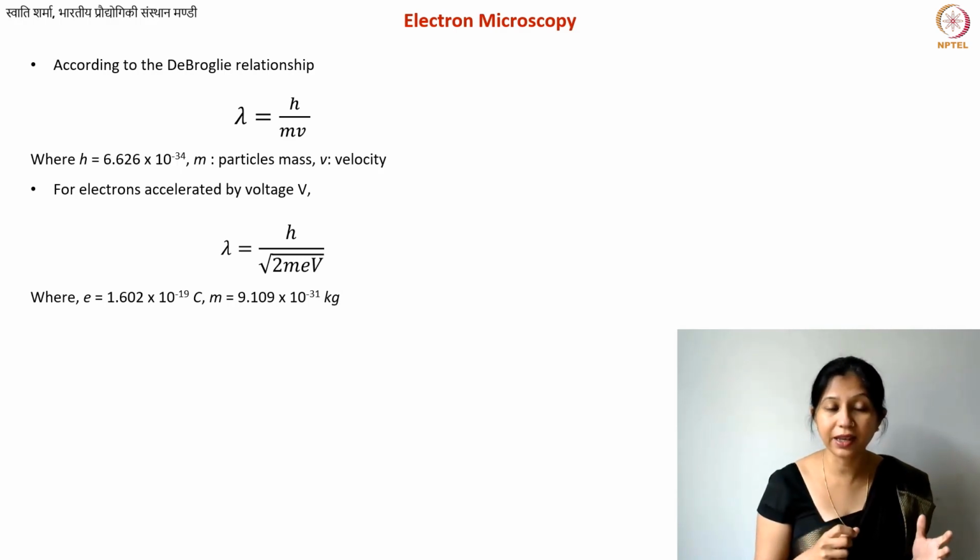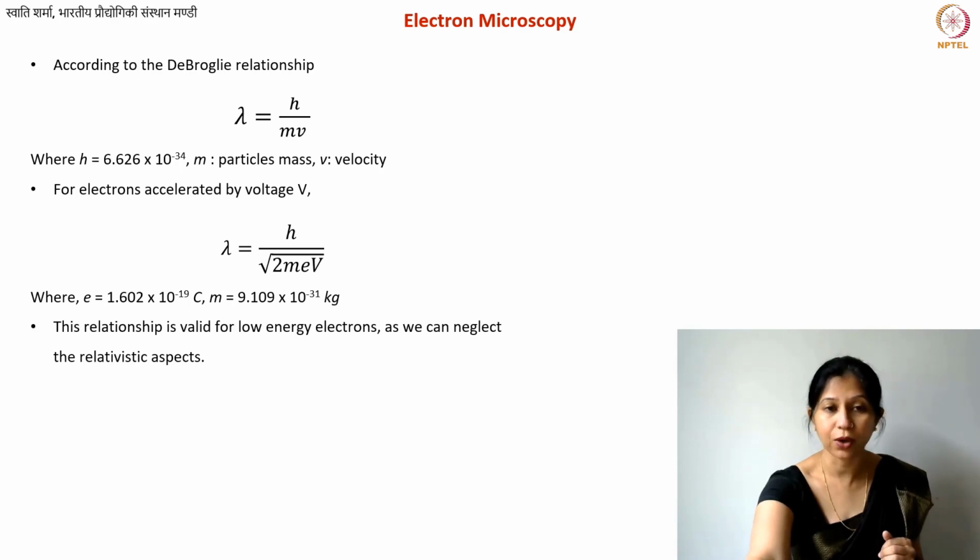Again, here you have two new parameters. Now we know the mass of the particles we are dealing with: you know the mass of electrons, and you know the charge on electrons. So these are the two more things that you need to factor in. However, what is interesting is that this relationship is only valid for electrons that are low energy.